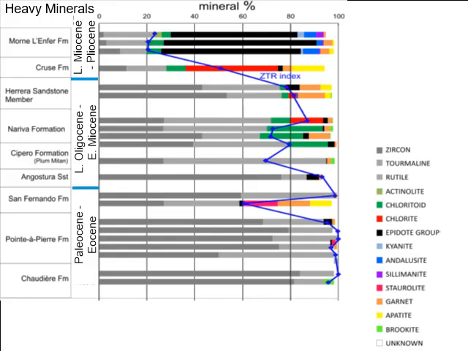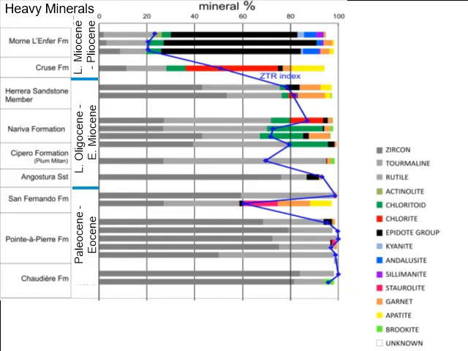The colors on the right represent the suite or the percentage of various heavy minerals that we identified among these sandstones. If you look at that list, you see a number of common heavy minerals: zircon, tourmaline, rutile, actinolite, chloritoid, sillimanite. Many of you would recognize these from your undergraduate classes.